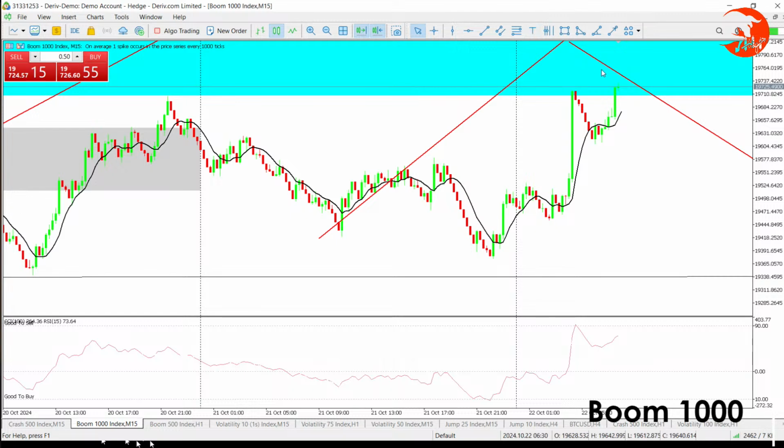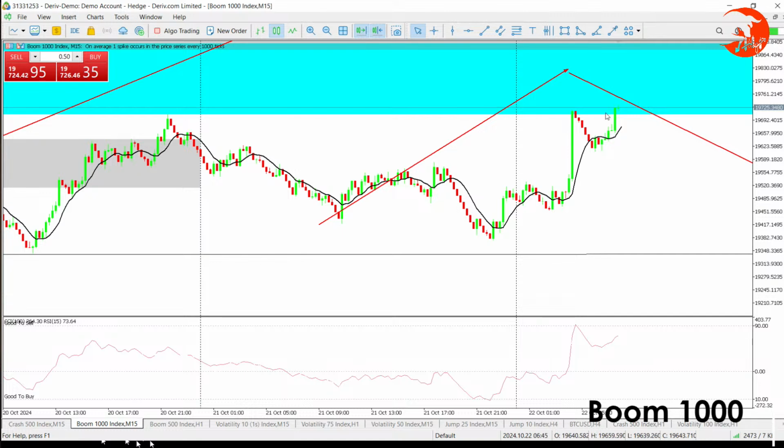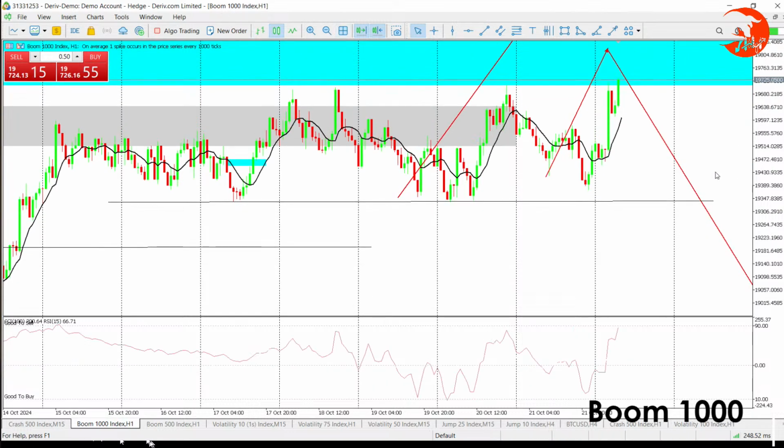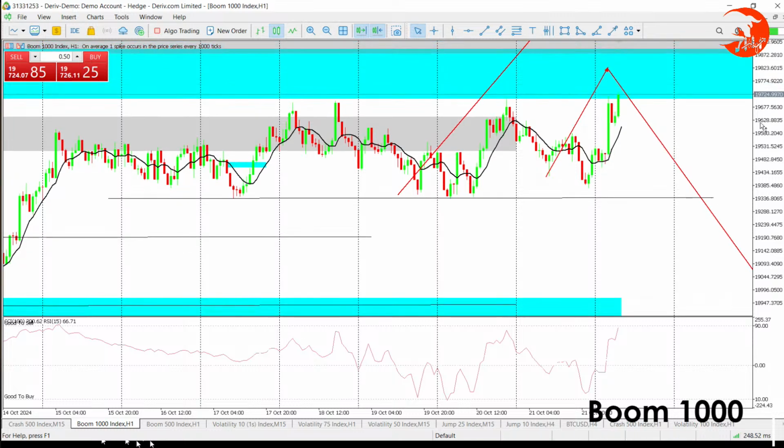Reason being, I have reached that fair value gap again, and I cannot make any sales right here before I see price get around that area there. That would be 50% of that fair value gap. So I would wait for that to happen before I make my entries for sales.